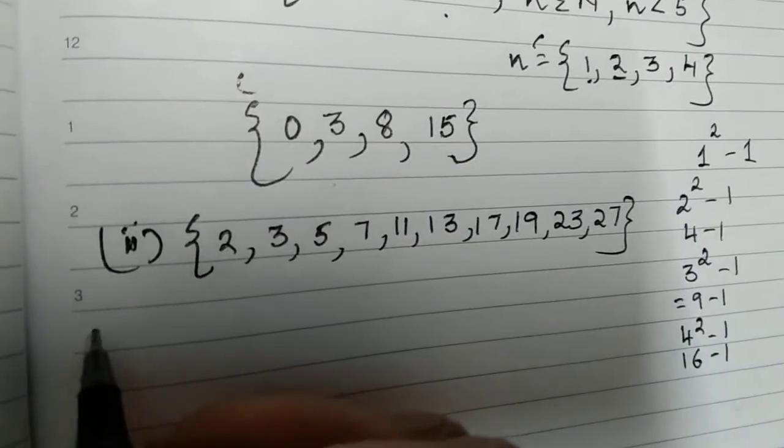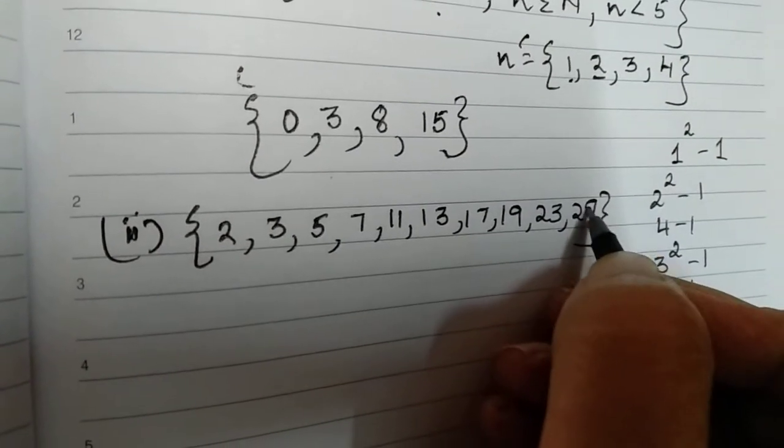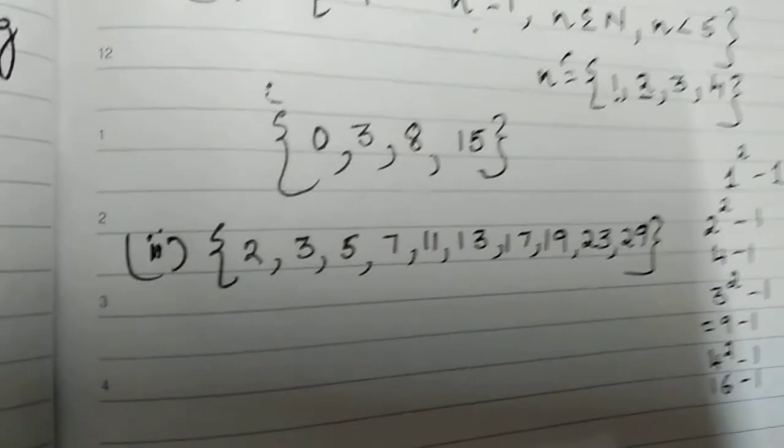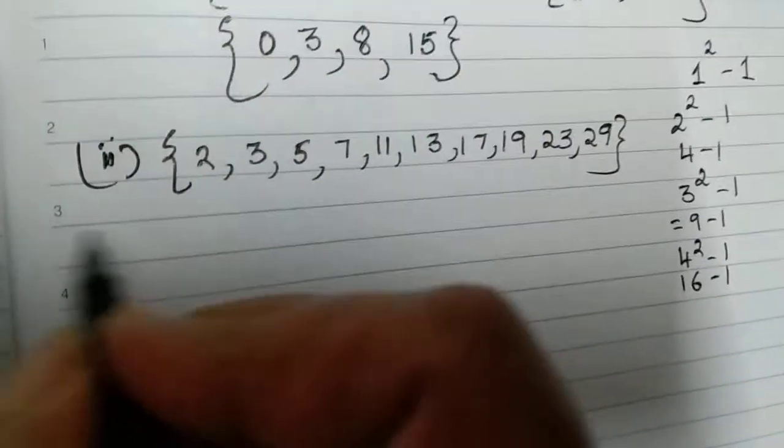What are these elements, guys? These are prime numbers. 29. Prime numbers less than 30.